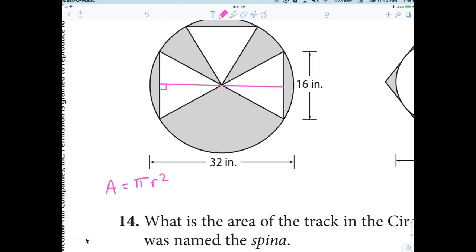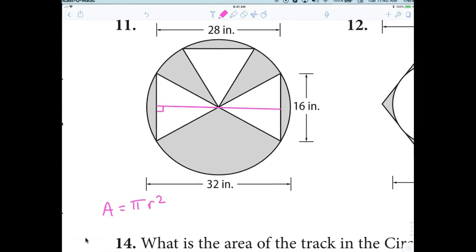So what is the height of that triangle going to be? Somebody help him. No, not 16. What is the height? Come on. Look up, guys. Yes, very smart.